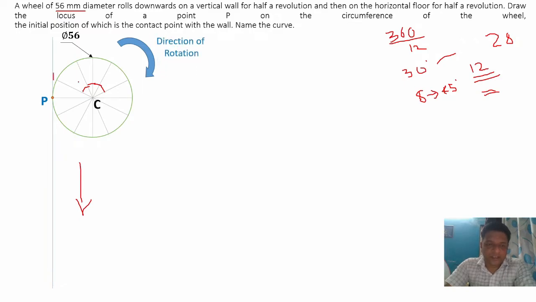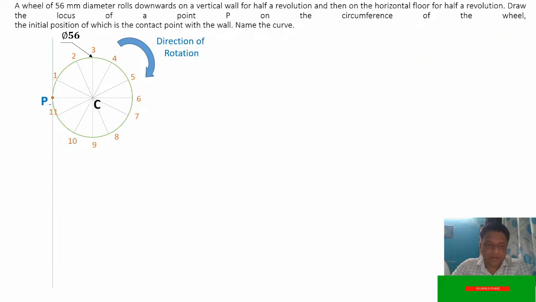This is the direction of rotation. Next, point number 2, point number 3, point number 4, point 5, 6, 7, 8, 9, 10, 11, and then point P. In this way, we should go in the clockwise rotation. That will definitely help you. From my experience, I will tell you, always give the notation in the clockwise direction.